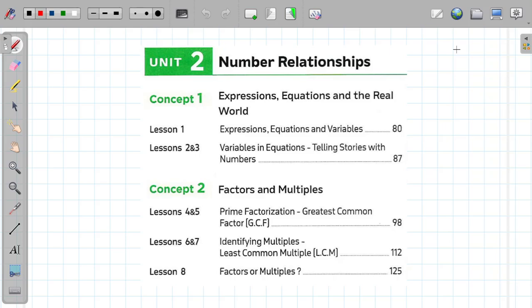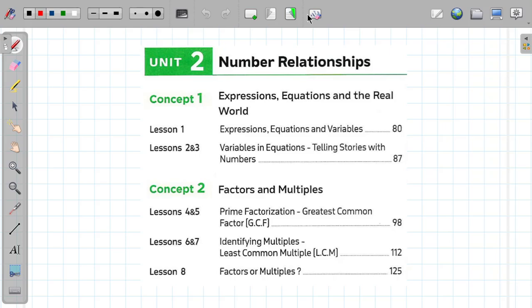Next, we have the second part of the unit. We have the prime factorization and the greatest common factor. And after that, we have the multiples and the least common multiple. And after that, we will define the difference between the factors and the multiples.